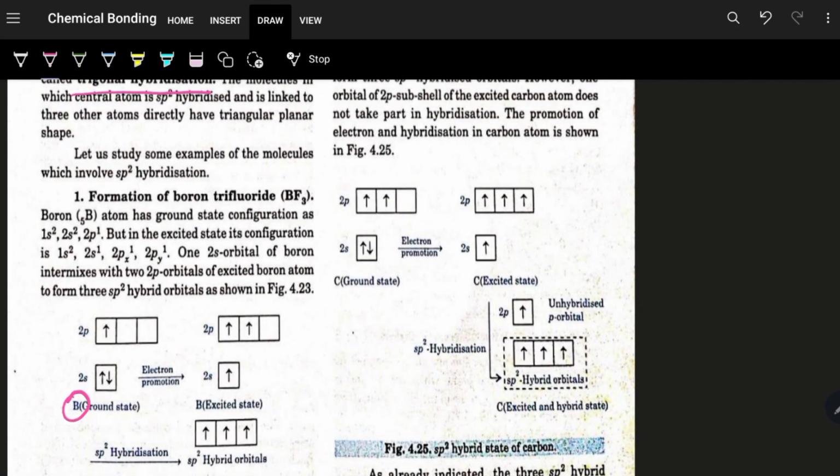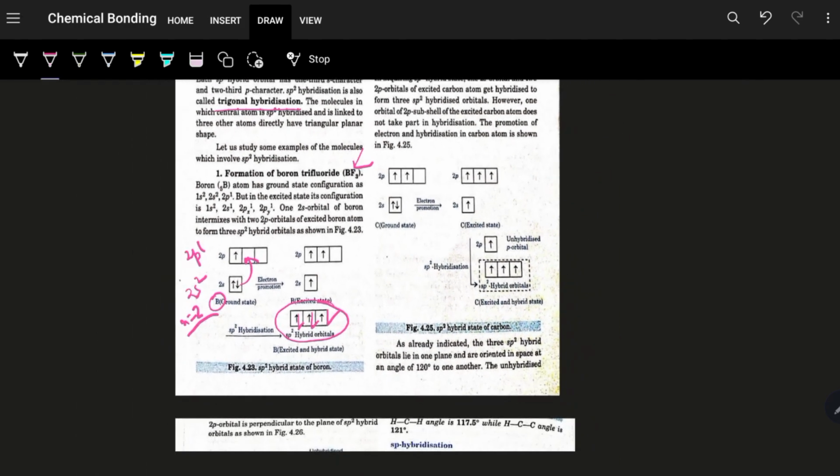Here the ground state electronic configuration is 2s2, 2p1, because n is equal to 2 is the valence shell over here. Now there is an excitation that takes place from 2s to 2p, and there are 3 unpaired electrons, and I have 3 fluorine over here that we can see. So it is like this: sp2 hybrid orbital, the 3 fluorine pair up with their electrons in this manner in the excited state.